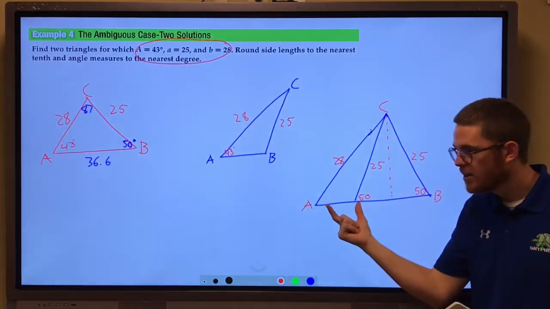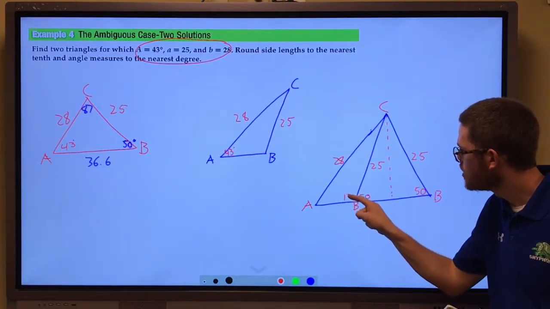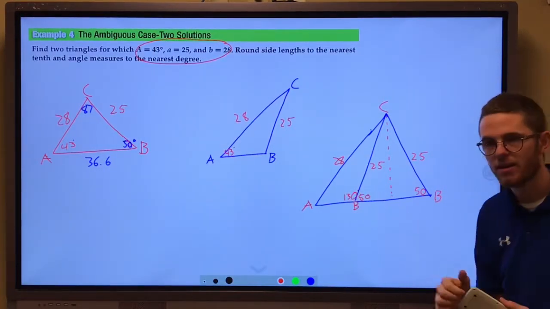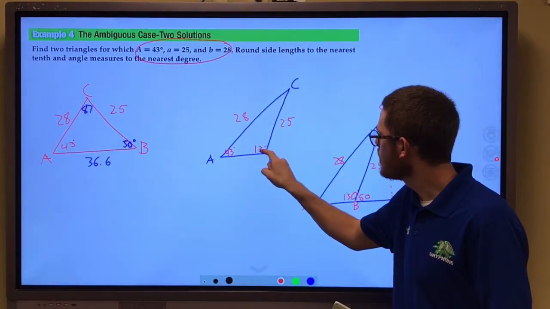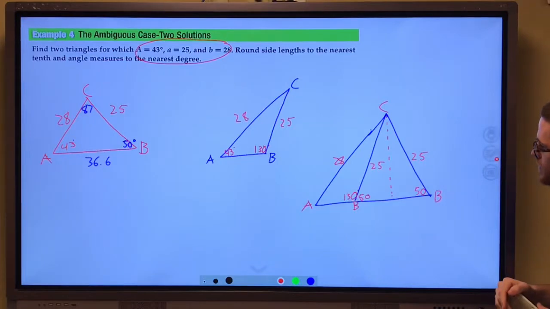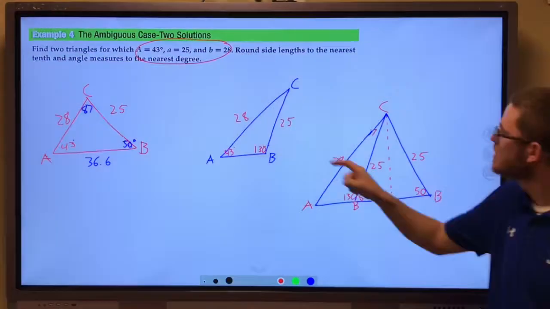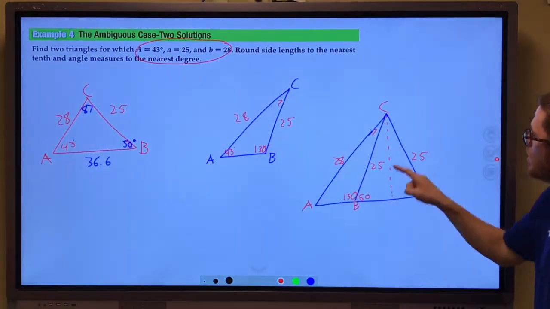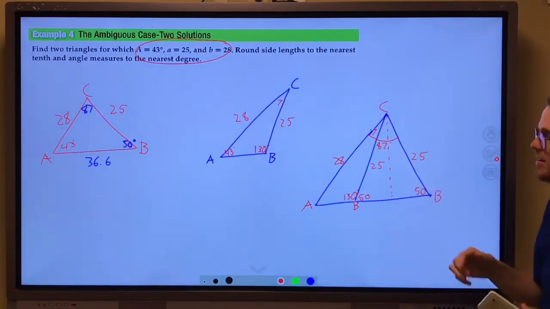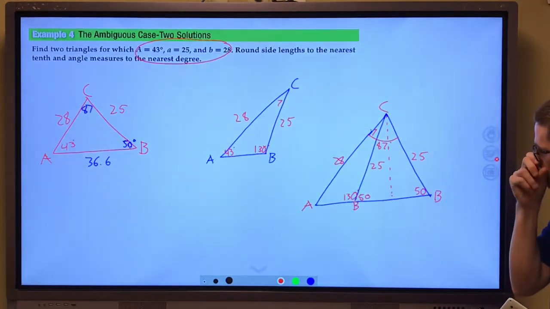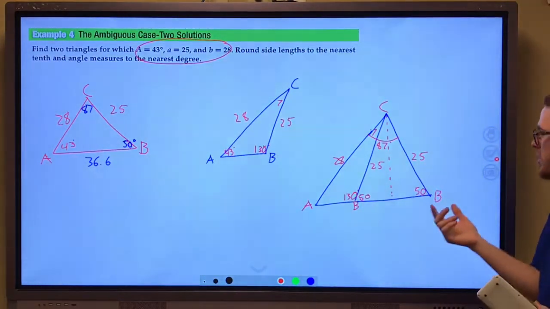Or it could be down here, where angle B is actually this angle, which would have to be 130 degrees because of that linear pair right there. So you subtract 50 from 180, and that would have to be 130 degrees, leaving C right here to be just 7. But the larger C was 87, if you remember.